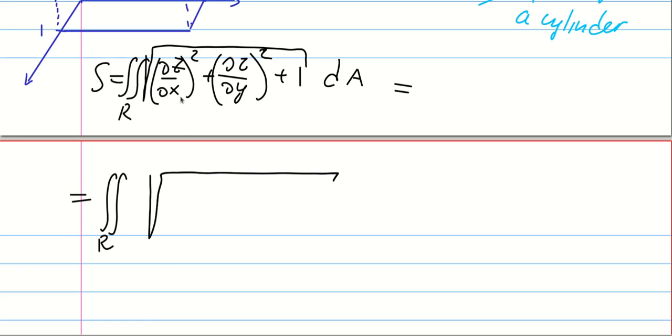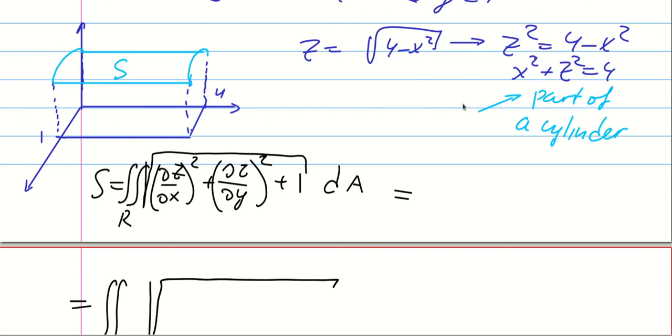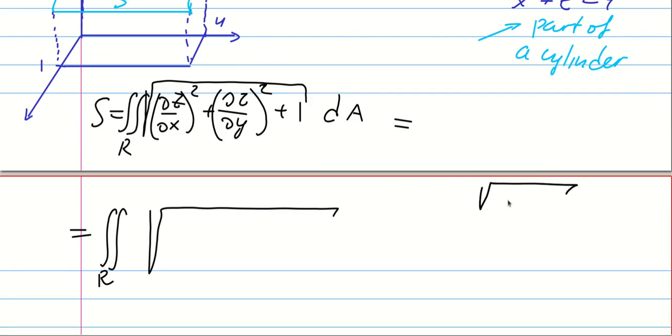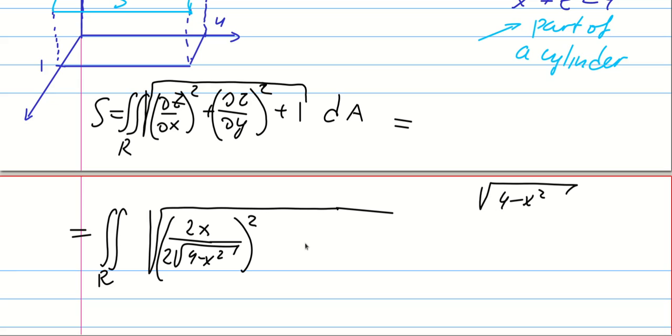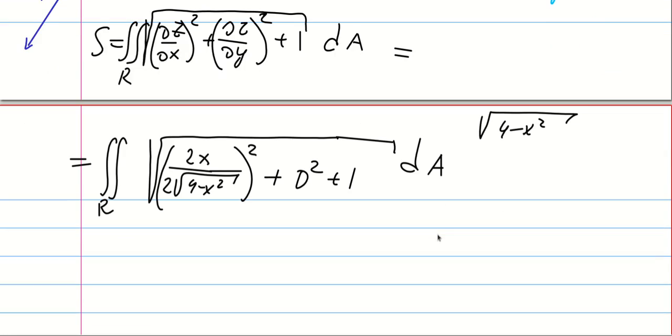So let's calculate dz/dx for this function. Our function is the square root of 4 minus x squared, so the derivative is 1 over 2 square root of 4 minus x squared times 2x, and it has to be squared. Then the partial with respect to y will be 0, so plus 0 squared plus 1, and we have dA at the end.